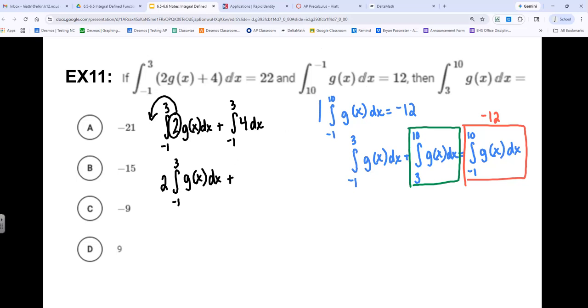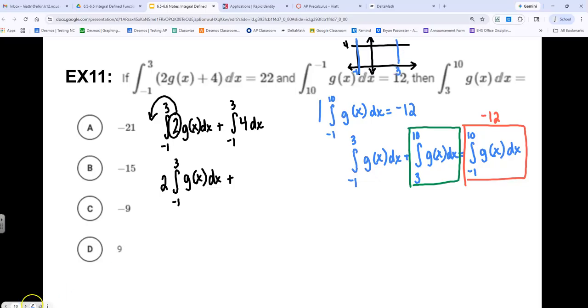Now the integral from -1 to 3 of 4, what's that going to be? It's a constant. Remember, think about what that graph would look like for a constant. It is a horizontal line at y equals 4. Make that the x-axis, and we are going from -1 over to +3.